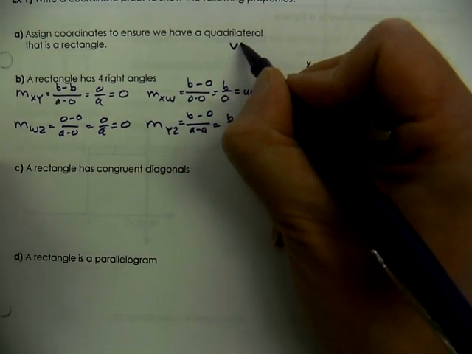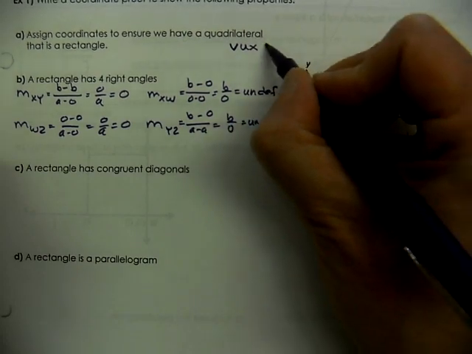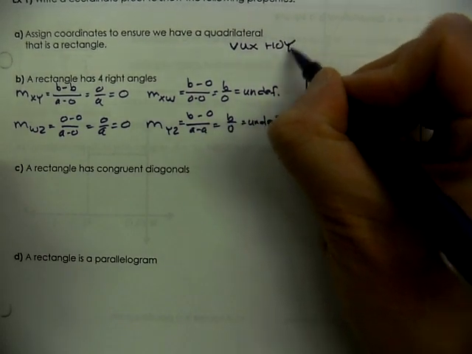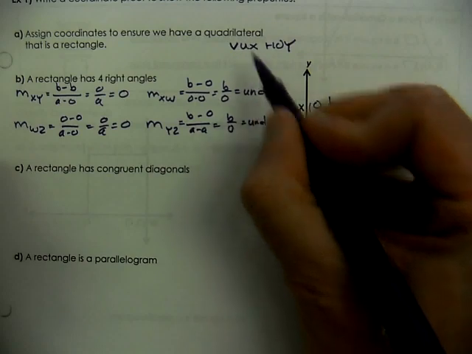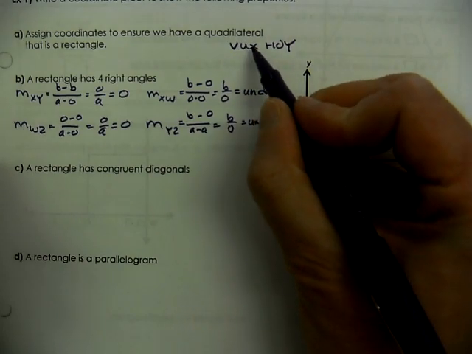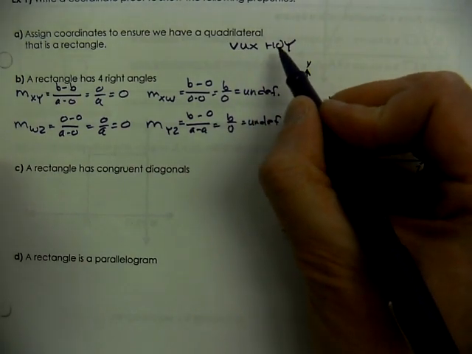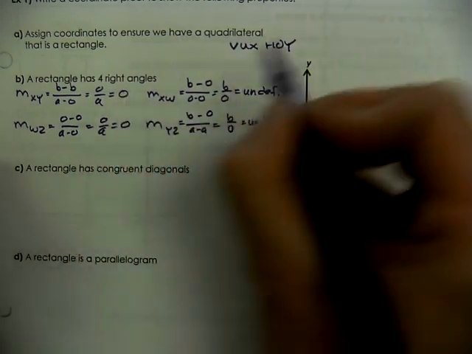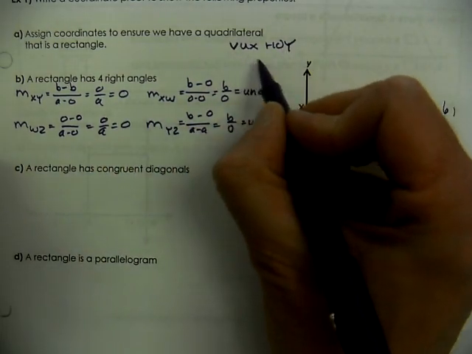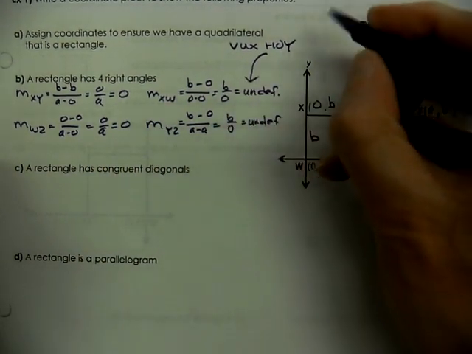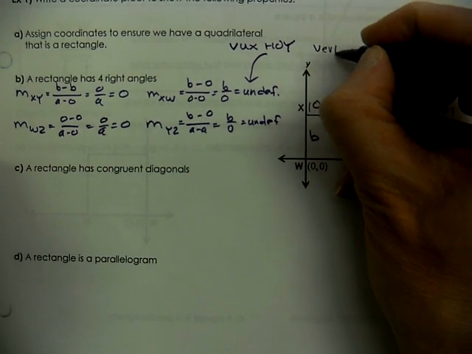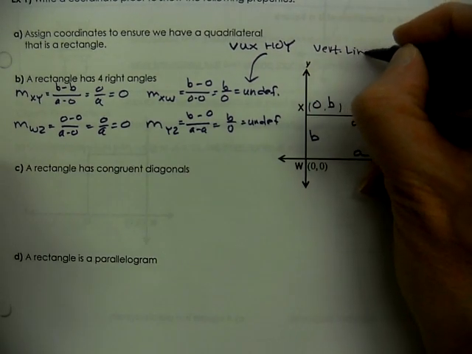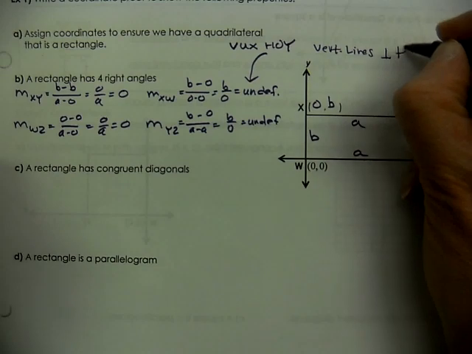So you have to remember your special case for vertical lines and horizontal lines. A vertical line has undefined slope. That's what we have here. Its equation uses x. And the horizontal line has 0 slope, and its equation uses y. So recall that vertical lines are always perpendicular to horizontal lines.